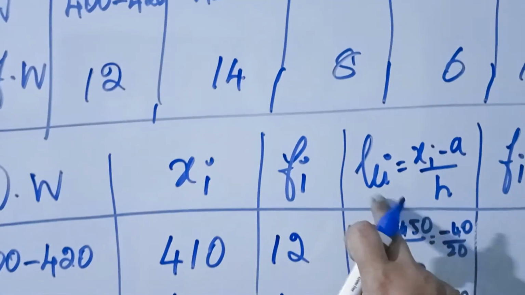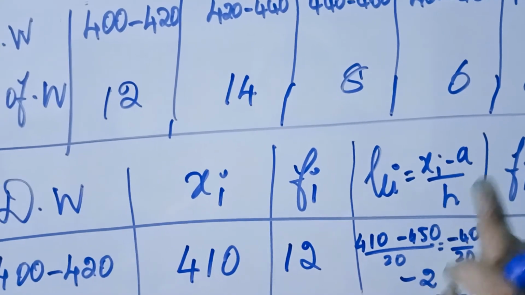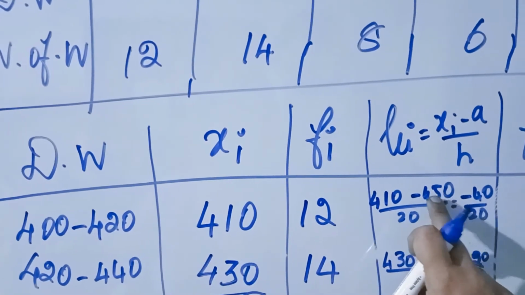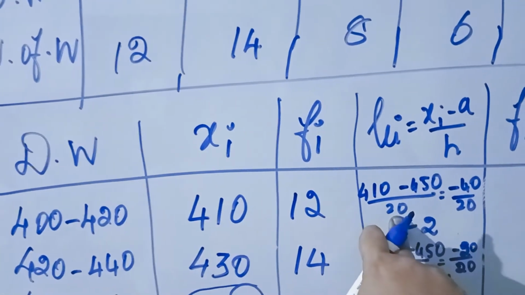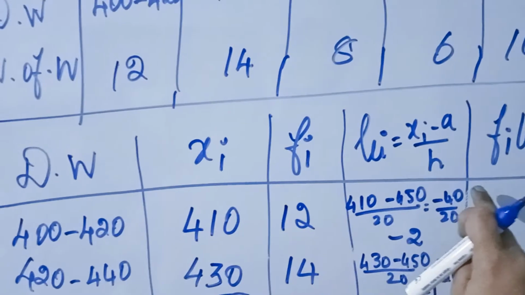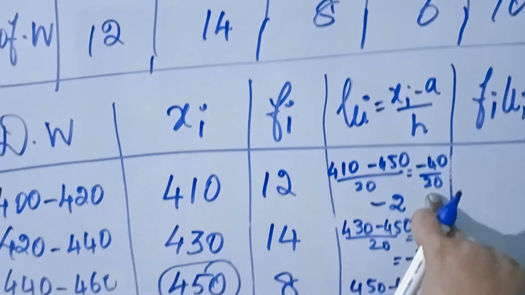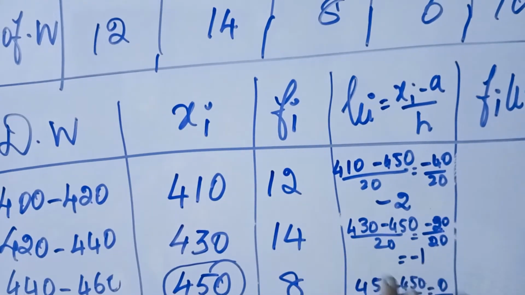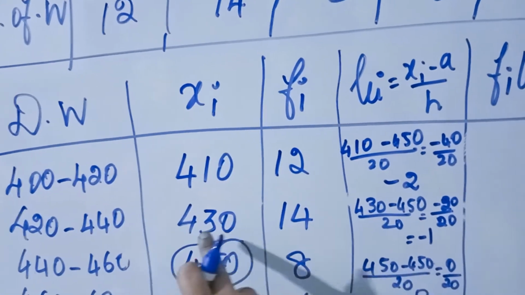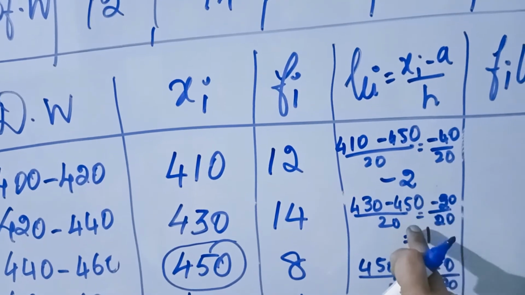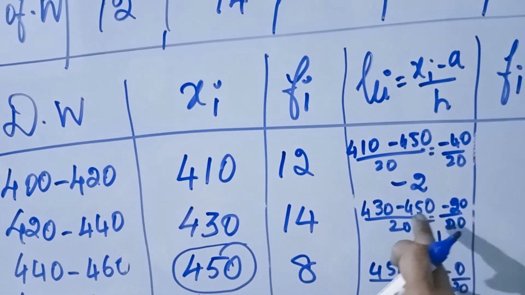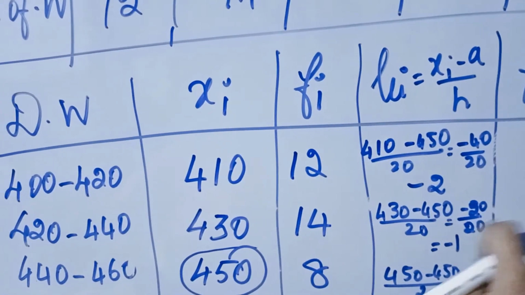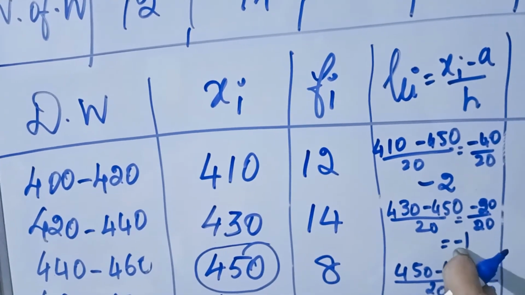So ui equals xi minus a divided by h. For xi value 410, minus a value 450, divided by h 20: minus 40 divided by 20, so minus 2. Next, xi is 430, minus 450 divided by 20, so minus 20 divided by 20, minus 1 is the answer.